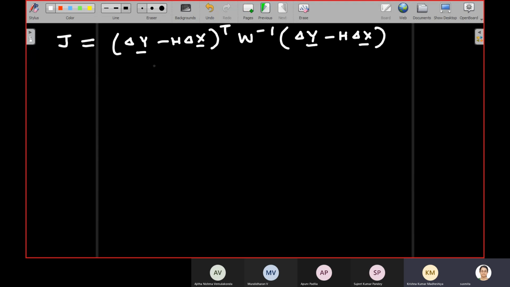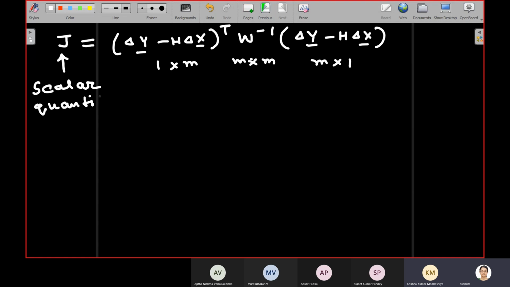Now, what is the dimension of this one? It is 1 cross m. This is m cross m, and this is m cross 1. So this is basically a scalar quantity. Cost function is a scalar quantity. Although we are dealing with vectors, the cost function is not a vector, it is a scalar quantity.